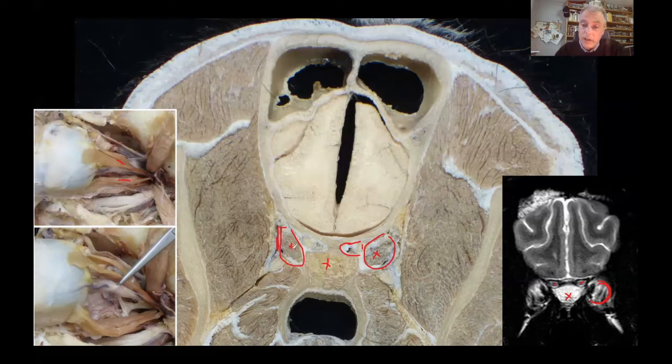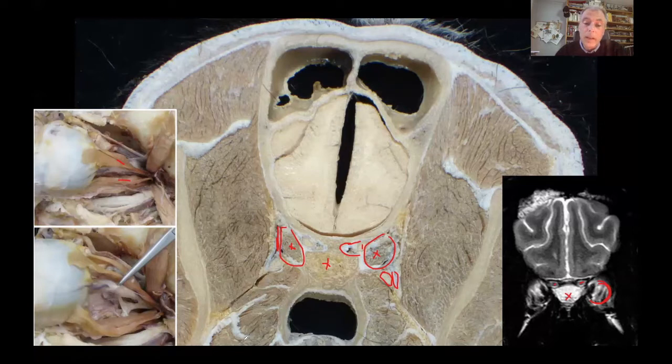So this marked structure here corresponds to the more caudal portion of the retractor bulbi muscle. Okay, and we also see a nerve and a vascular structure. This nerve is the maxillary nerve and the maxillary artery here, okay?